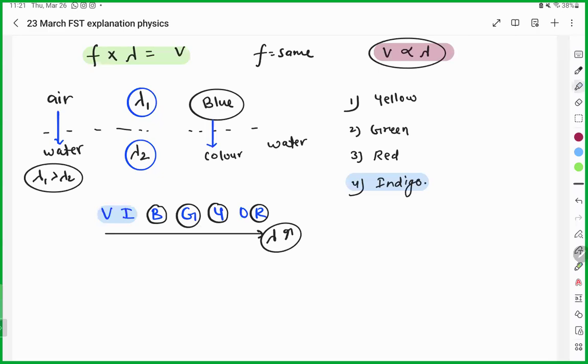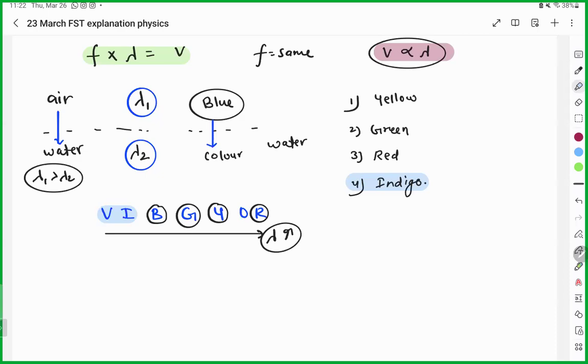Everybody understood? Yes, sir. Yeah, it is decreasing. If the final color is green, what will be the initial color? And the options are violet, indigo, blue, and yellow.